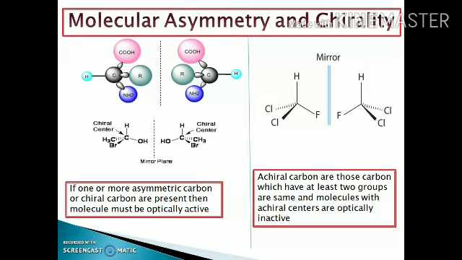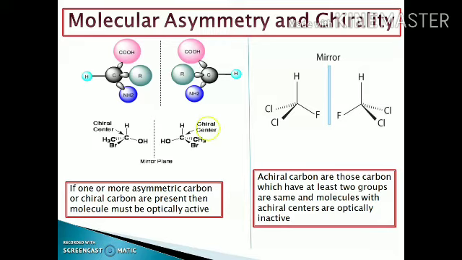Our left hand and right hand both have non-superimposable images of each other. Left hand and right hand look similar, but if you put your left hand on the right hand, they do not coincide with each other. Compounds that have molecular asymmetry are always optically active in nature.